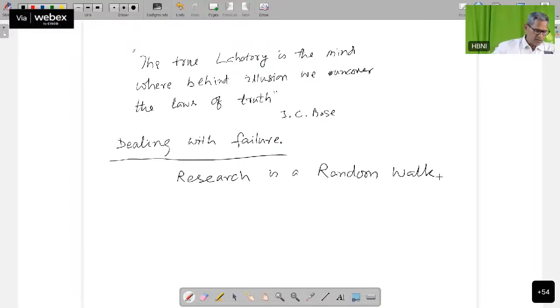And in any research, teamwork is very important, because you will be working in a group where there will be people whom you will be teaching. There will be juniors to you, and there will be people from whom you will be learning. So you always have to participate in group activities.